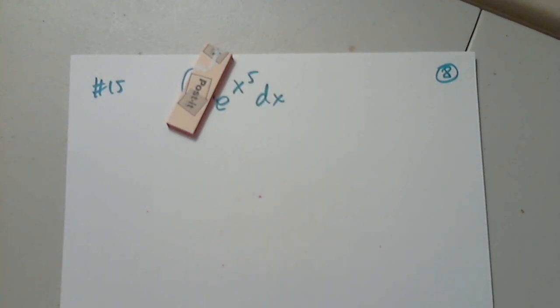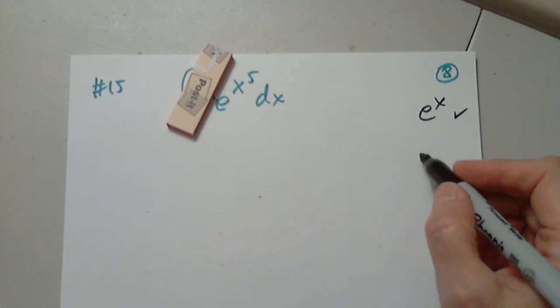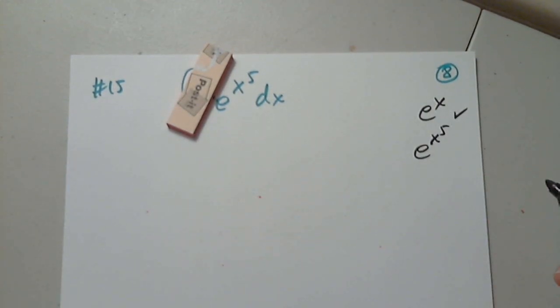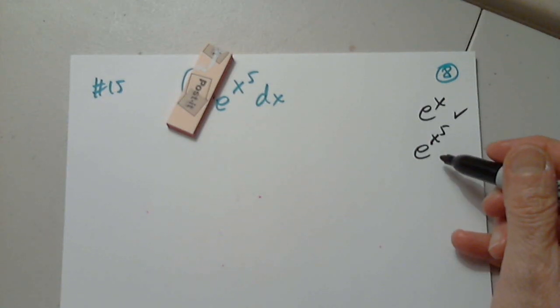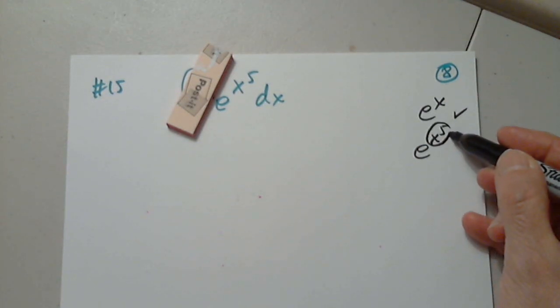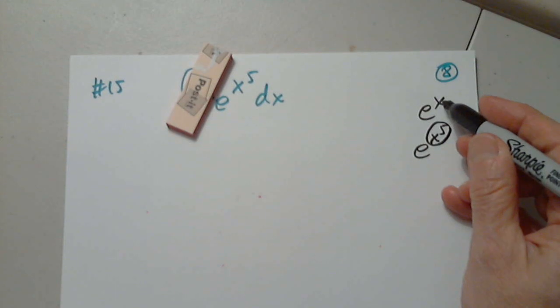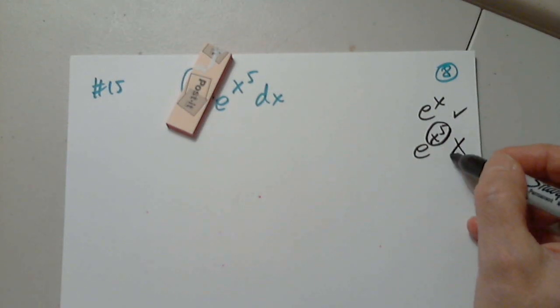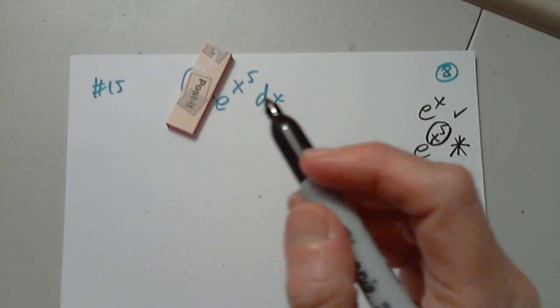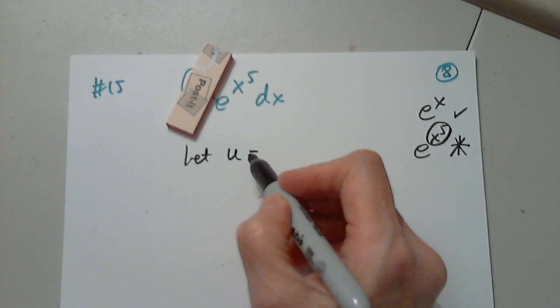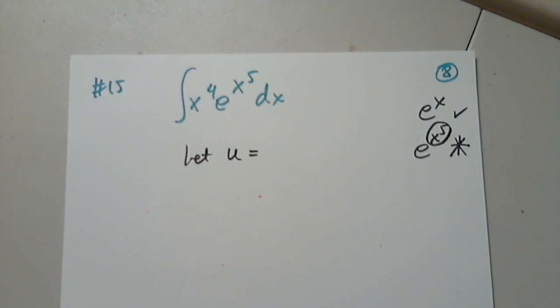I like e to the x. That's fine, plain and simple. I don't like e raised to x to the 5th power. This is complicated. It's a function, the inner function, plugged into e to the x. I don't like this. So what do you think u should be to make the integral as simple as possible?